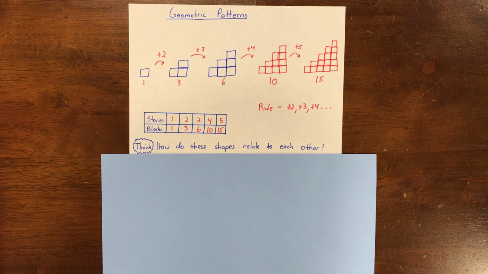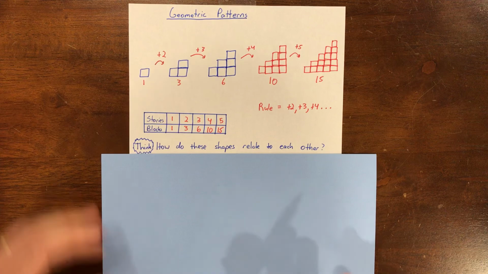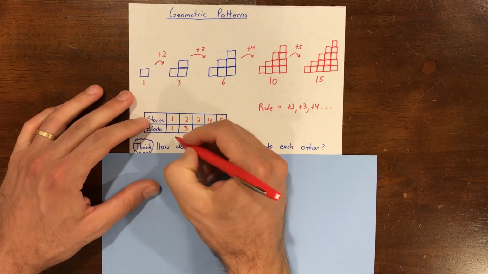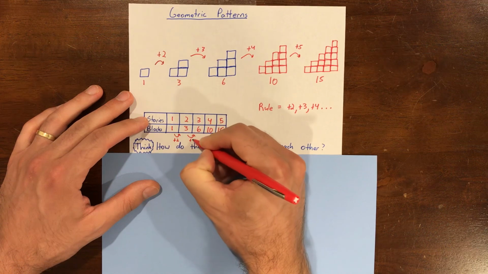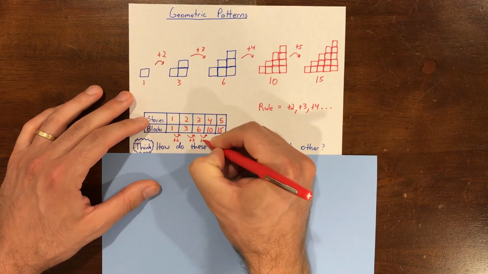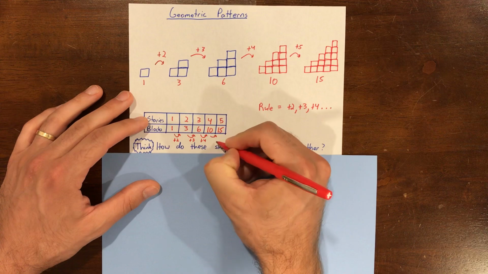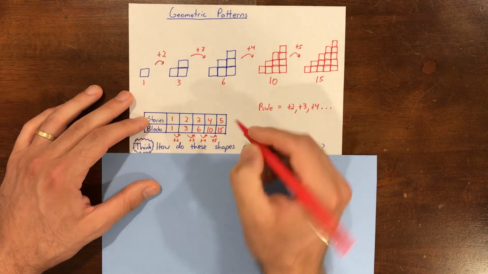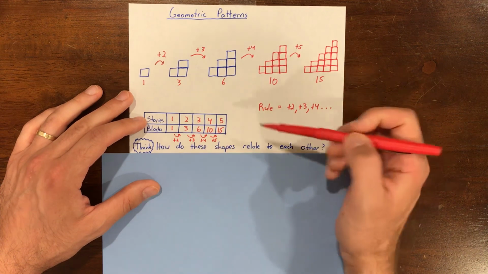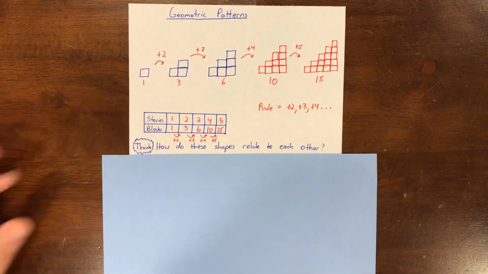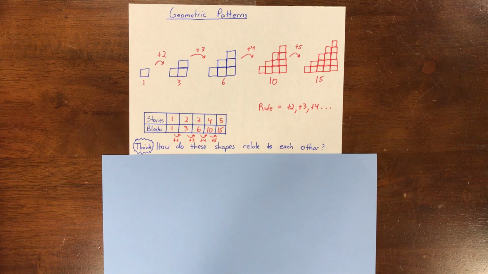The rule here is between the number of blocks in the stories, not between an in and out number. So we went +2, +3, +4, +5. Again, the rule is between the blocks in the stories, not between an in and out number. Okay, click the arrow to move to the next slide.